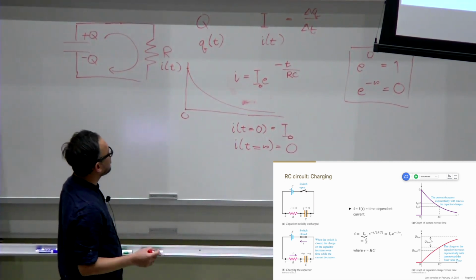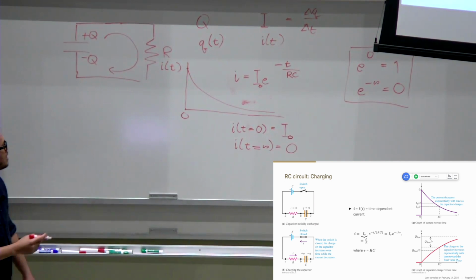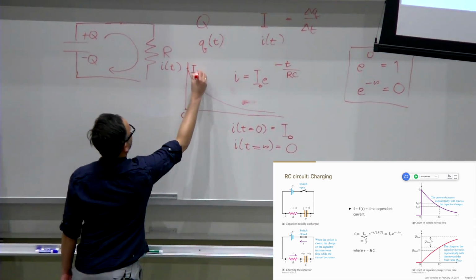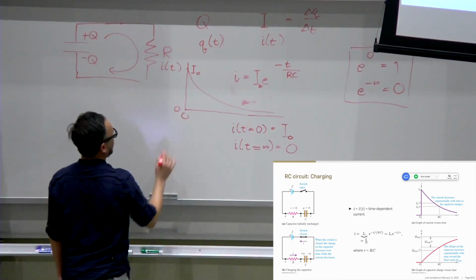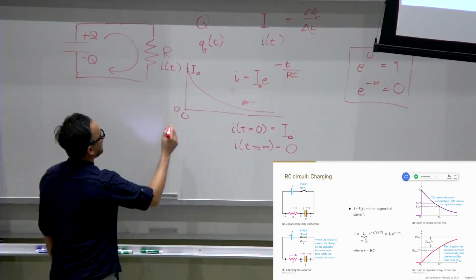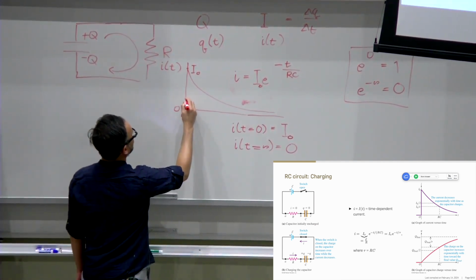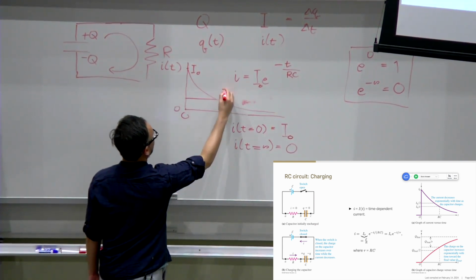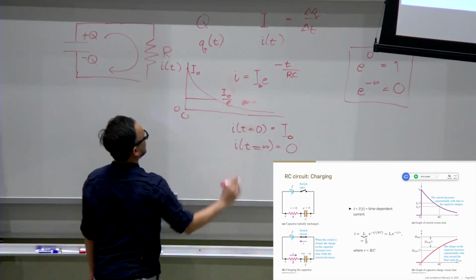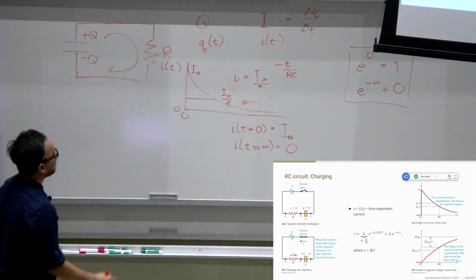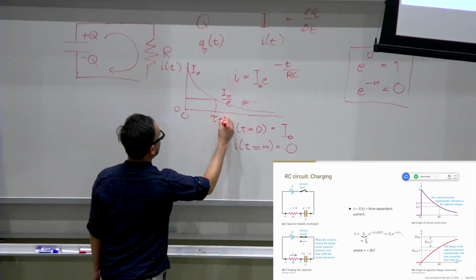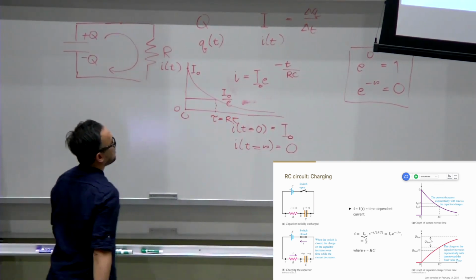So in the end, what we decide as a time constant is when I, so it started at I naught and then ends at 0, when I, the time dependent current, is equal to I naught divided by e. Then we call this time tau, or time constant, which is RC.